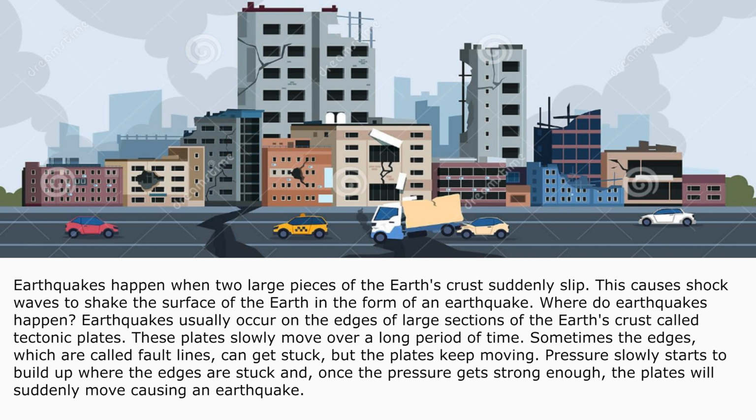These plates slowly move over a long period of time. Sometimes the edges, which are called fault lines, can get stuck, but the plates keep moving. Pressure slowly starts to build up where the edges are stuck, and once the pressure gets strong enough, the plates will suddenly move, causing an earthquake.